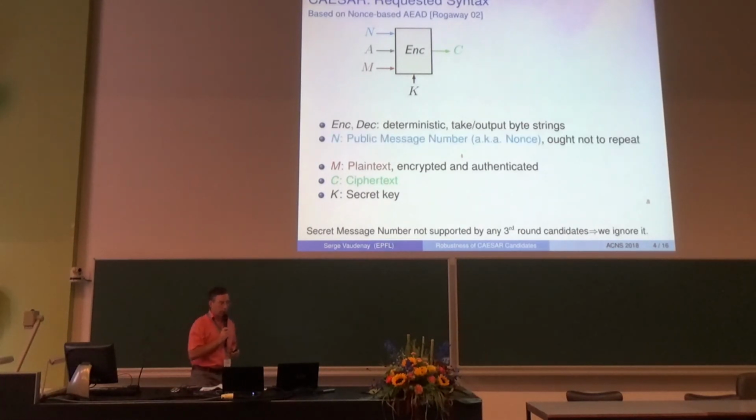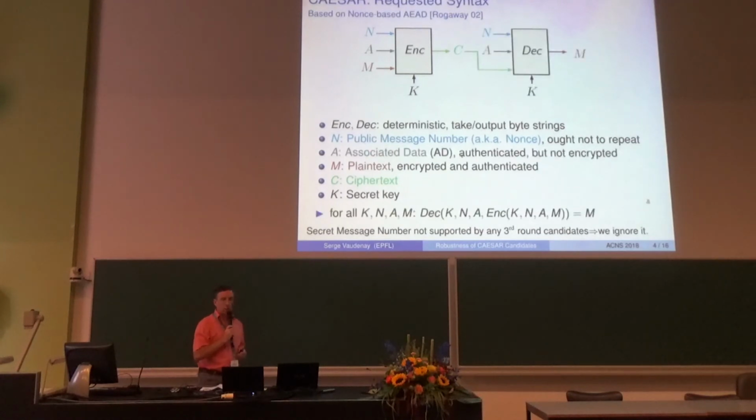There is another algorithm, the decryption algorithm, which takes normally the same nonce, the same associated data, the ciphertext and the same key, and normally it should produce the same plaintext. These primitives are made such that if we feed the decryption with some message that we try to make ourselves without knowing the secret key, the decryption should fail. So we need some authentication somehow.